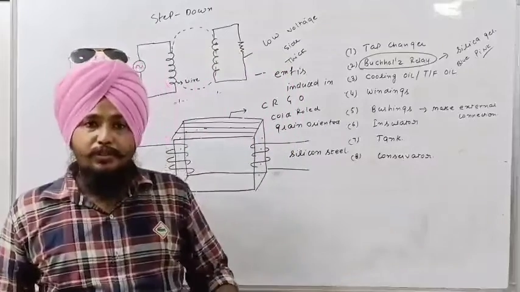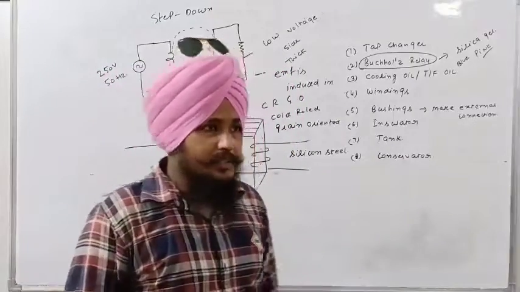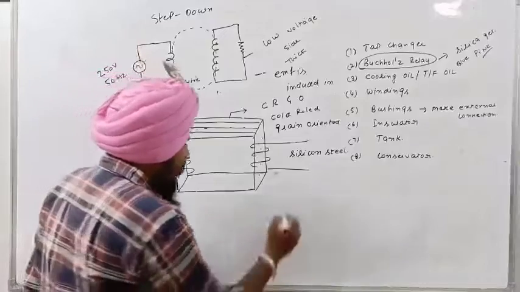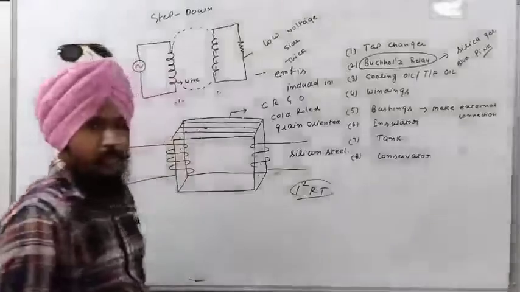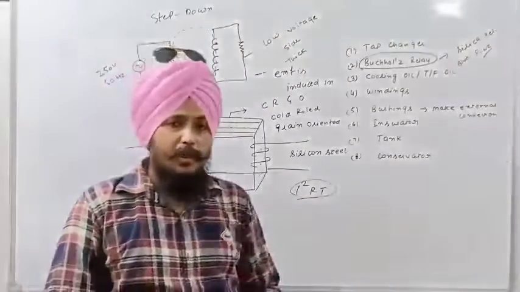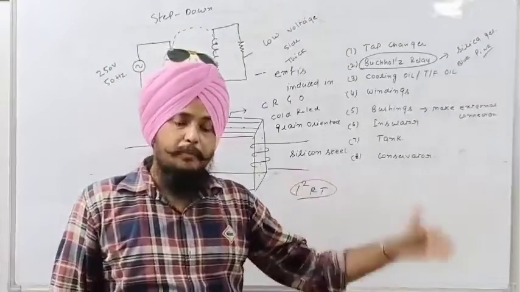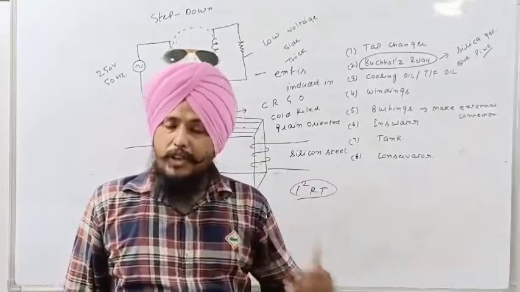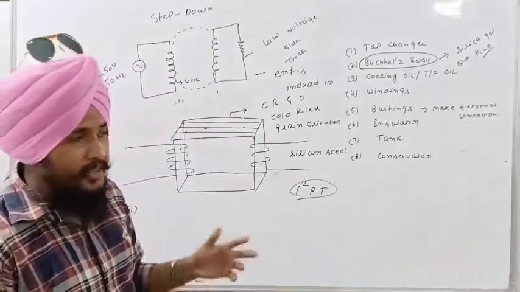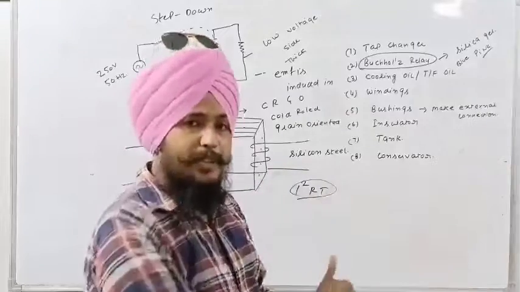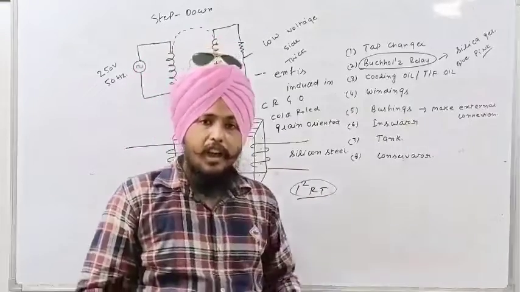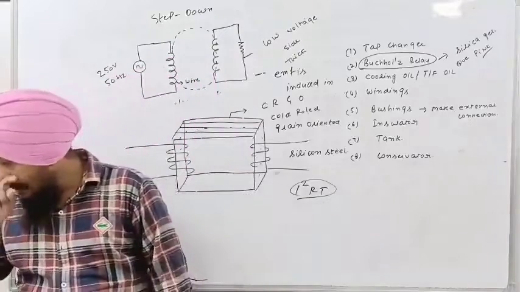Why do we need to step up? Because we know if current is high, then losses will be high. So to reduce the amount of current, we step up the value of voltage. Then we transmit it and step down according to our applications. Okay?